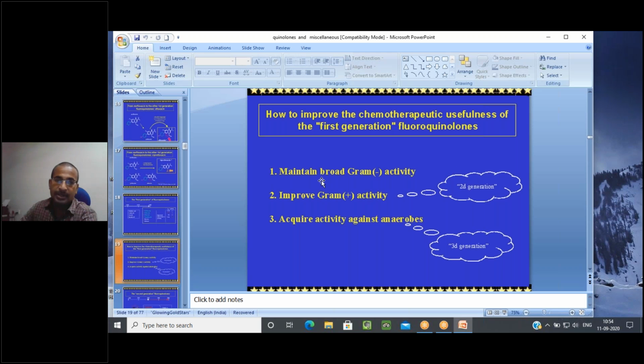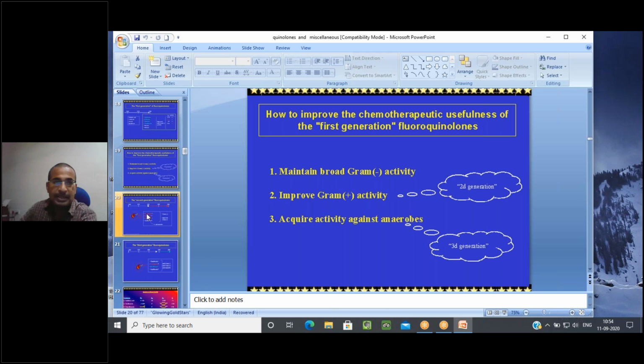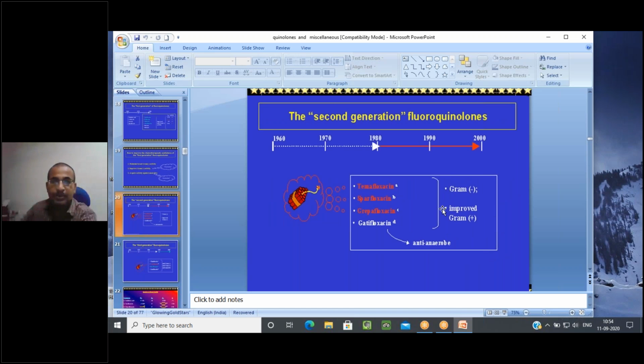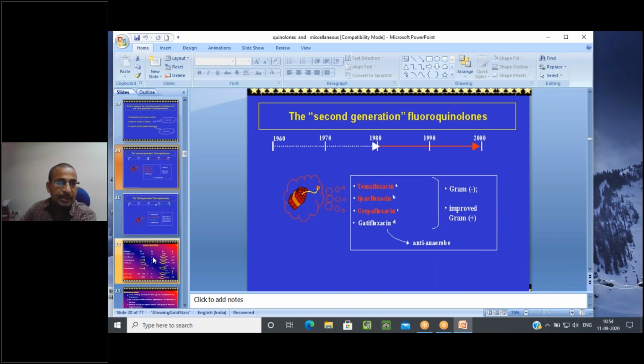They maintain broad gram negative activity and improve gram positive activity in the second generation, and acquire activity against anaerobic agents mainly in the third generation.